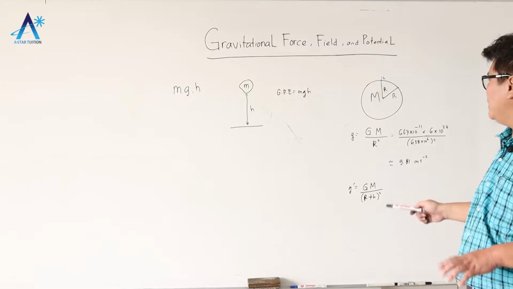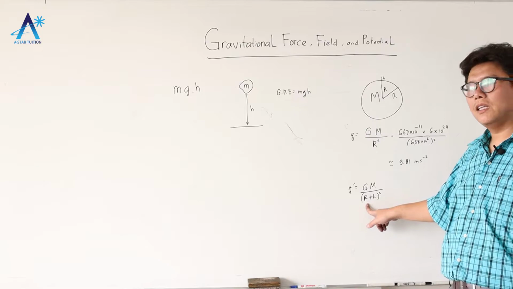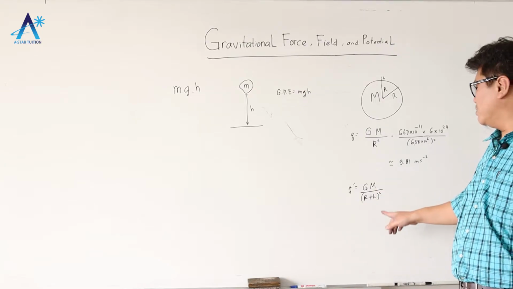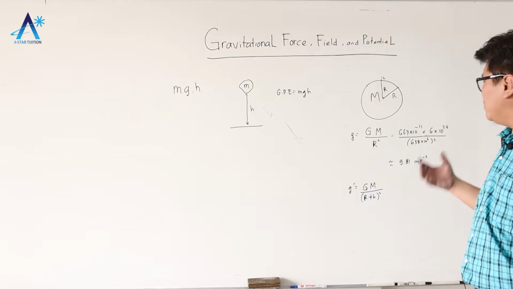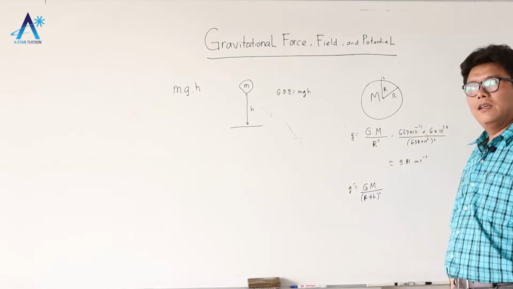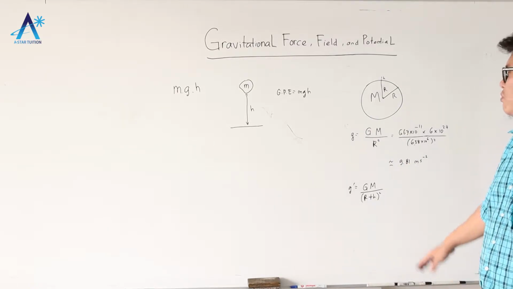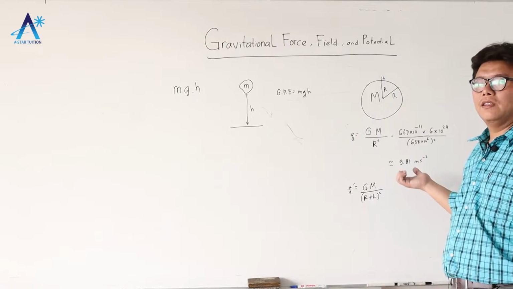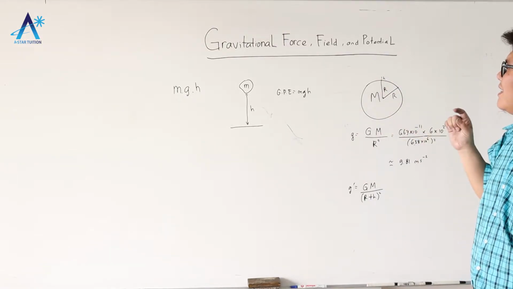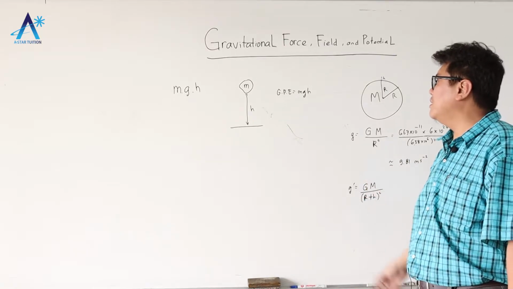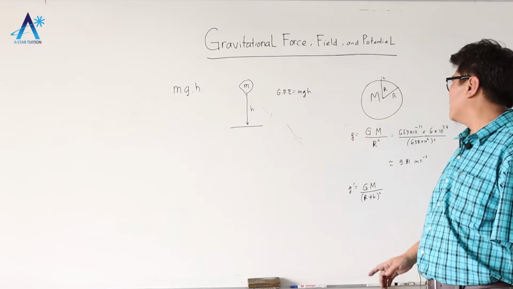So it cannot be this. However, R is 6,380 kilometers. So if h is only 1 kilometer or less, then if you substitute that number here, it's not going to give you much difference. It's not going to be appreciably significant. That's why for a vertical distance of about 1 kilometer or less, we can assume g to be constant.